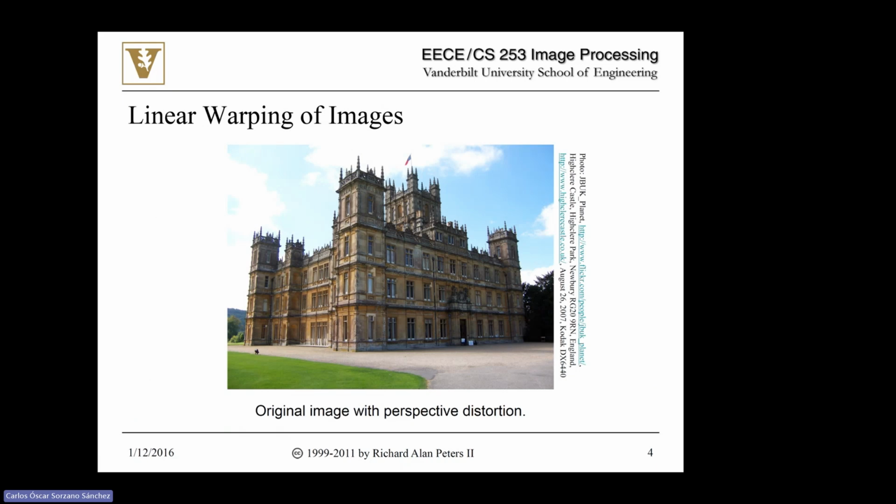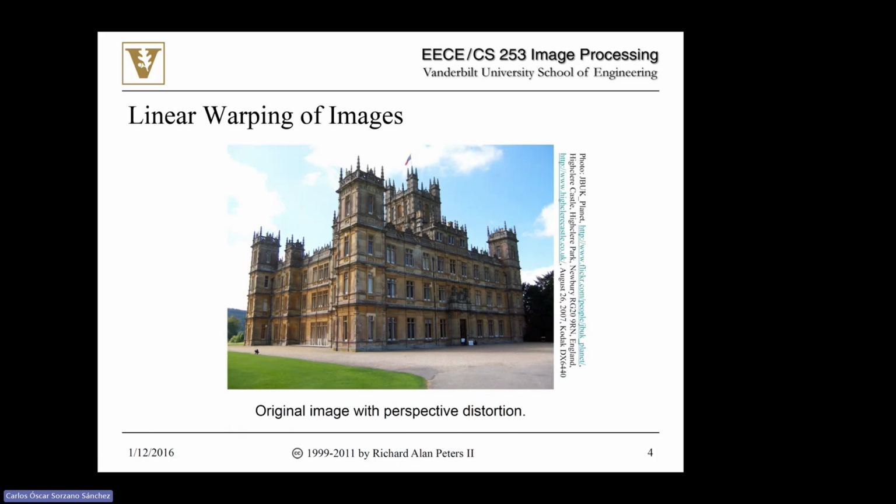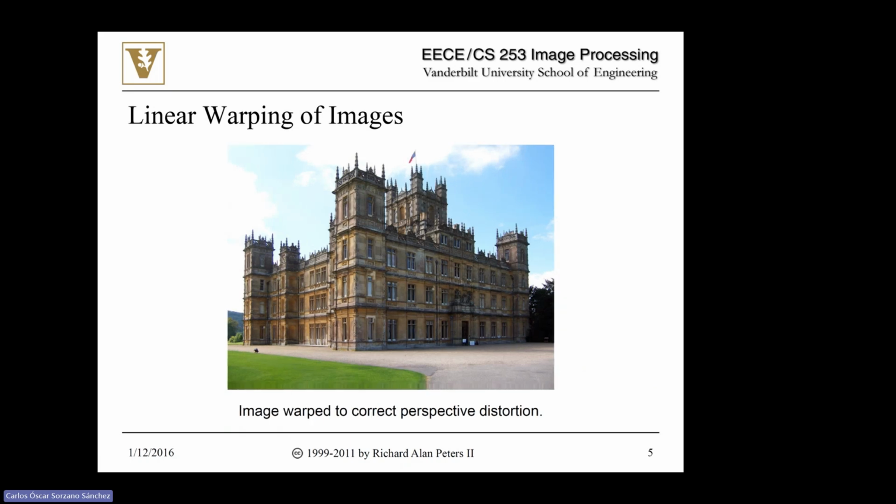Let's say that we have this image, and see that the towers seem to be tilted, and in reality they cannot be like that. They have to be straight towers. It is a problem of the camera and the perspective.